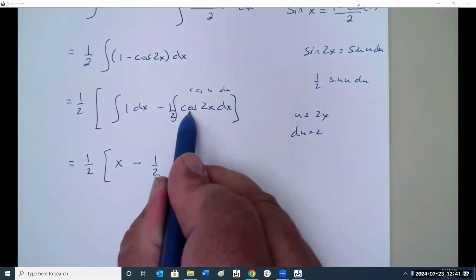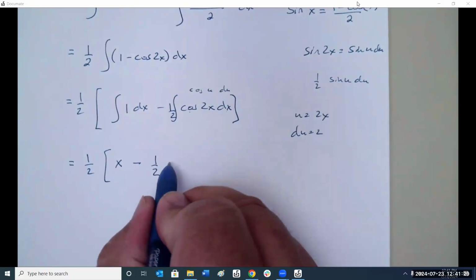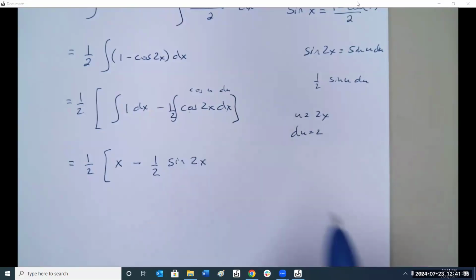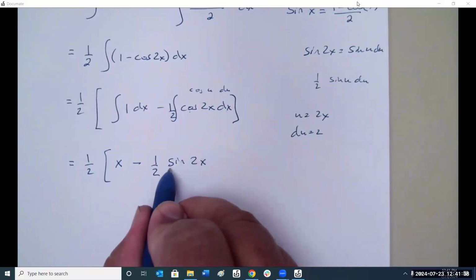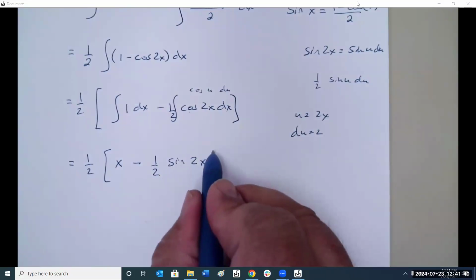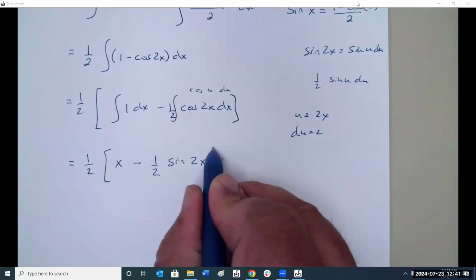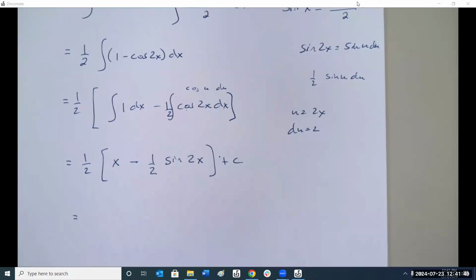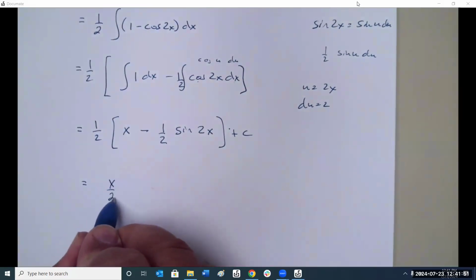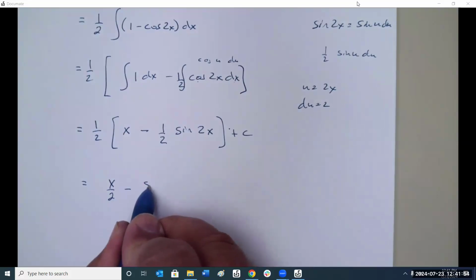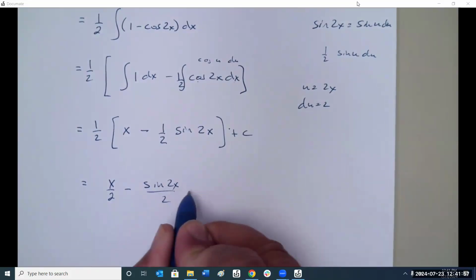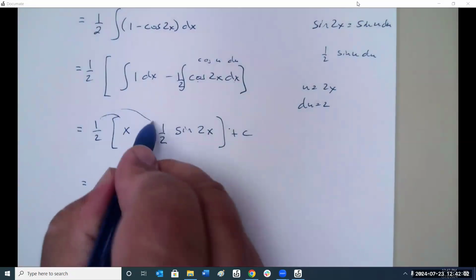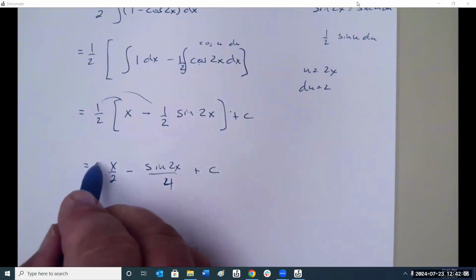The integral of cosine is sine, plus c. That's x over 2 minus sine 2x over 4, because I distribute and that becomes 4. And there's your answer.